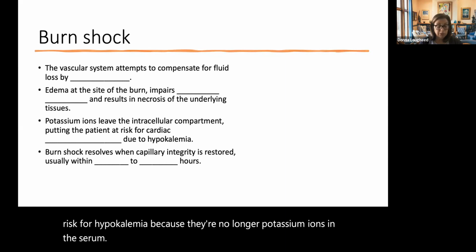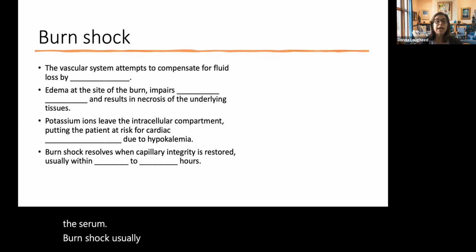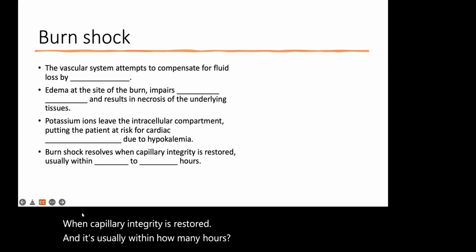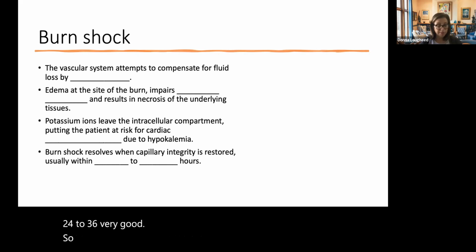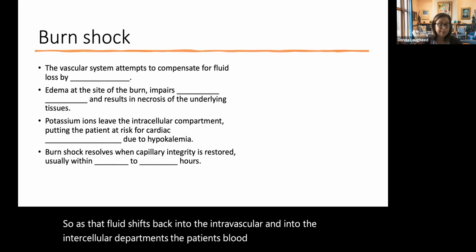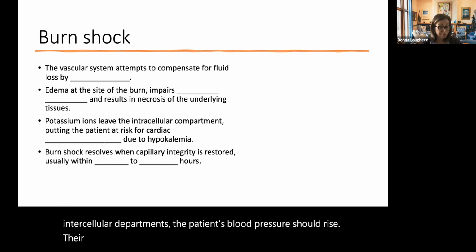Burn shock usually resolves when capillary integrity is restored. And it's usually within how many hours? 24 to 36. Very good. So as that fluid shifts back into the intravascular and intracellular compartments, the patient's blood pressure should rise. Their cardiac output would also increase, and their urinary output improves.